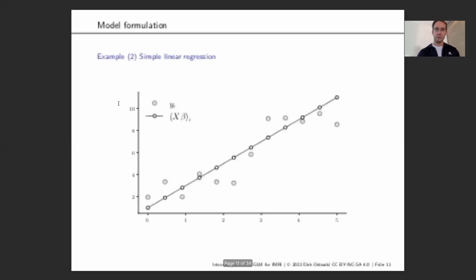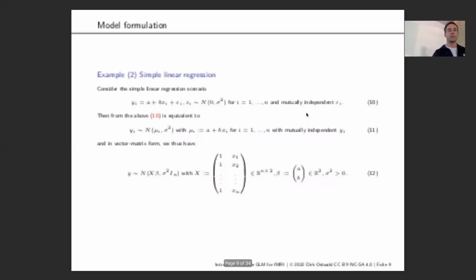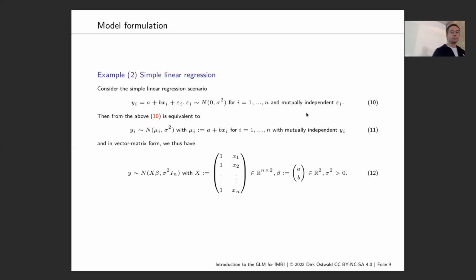So simple linear regression, just first with a picture, that's this thing where you have some data and you somehow fit a line to it. Yeah? So where you have here the independent variable and here the dependent variable, and you somehow fit a line to it, whatever that means. From the perspective of the GLM, of course, simple linear regression is a special case. And let's first look at what we know about simple linear regression.